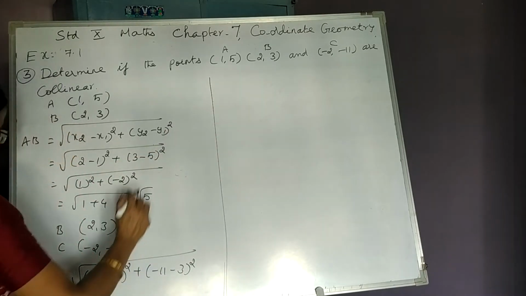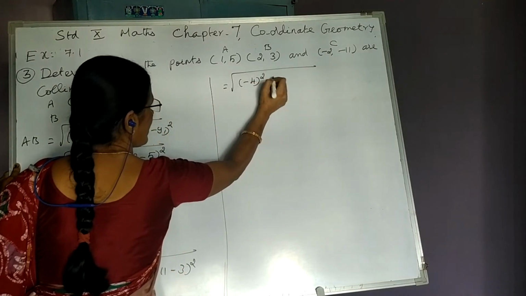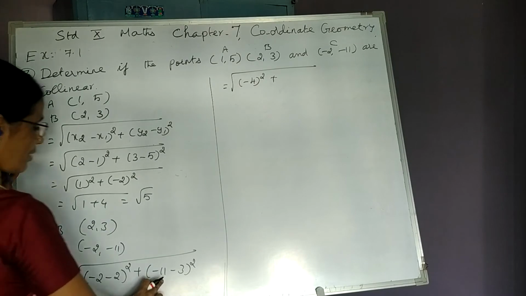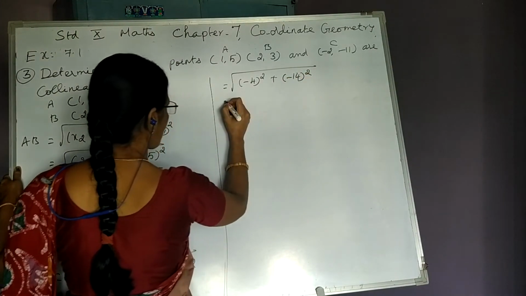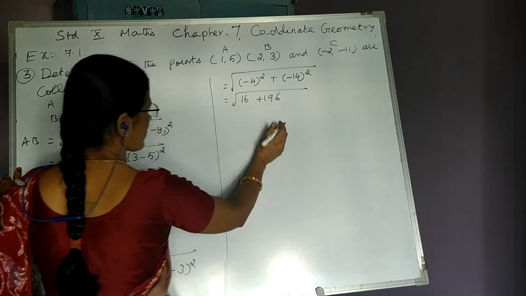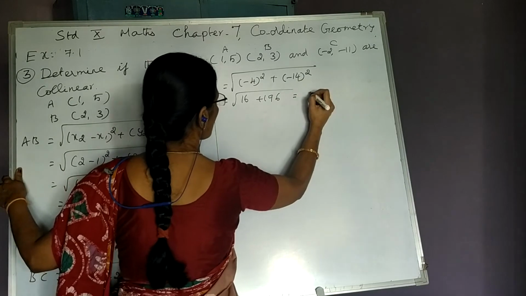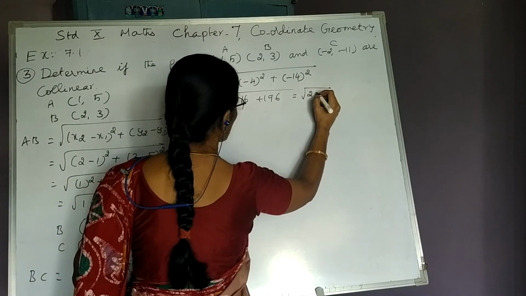Minus 2 the whole square is 4, plus (minus 11 minus 3) is minus 14 square, which is equal to 16 plus 196. It is root of 212.